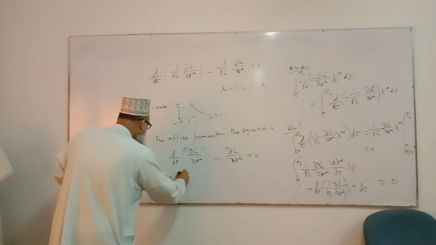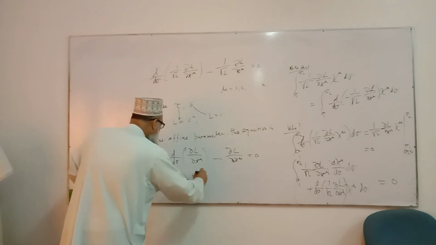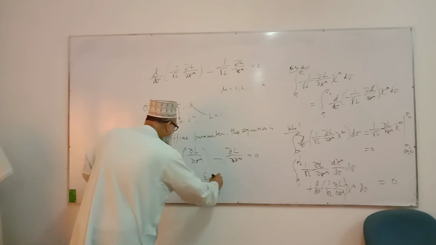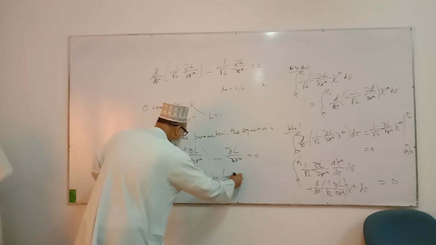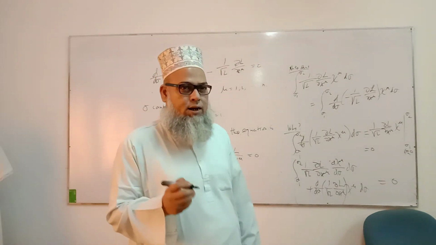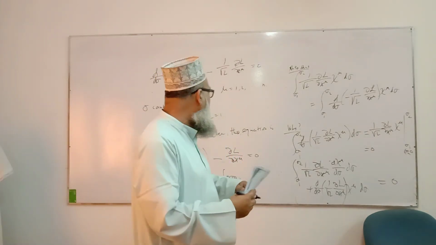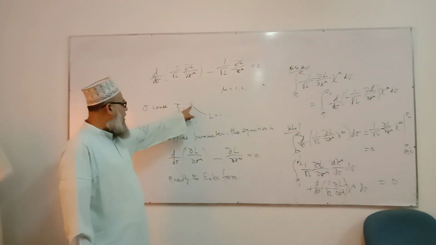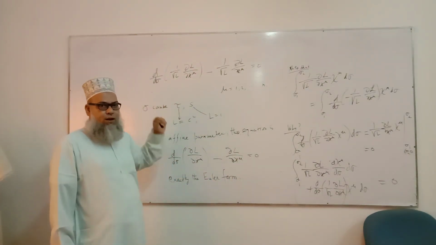Exactly the Euler form. The Euler form equation is obtained whenever your parameter is tau or s, proper time or interval.